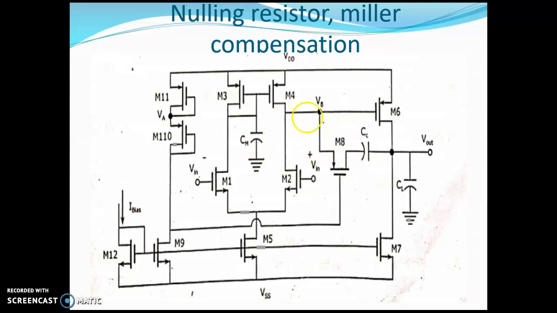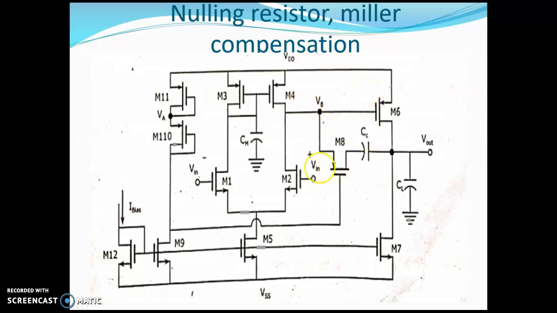So here, why are we going for the nulling resistor? The undesired RHP, what is that? The right half plane zero value, so that we can't neglect.